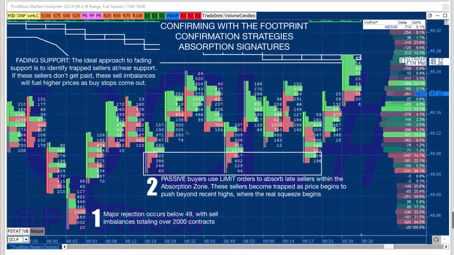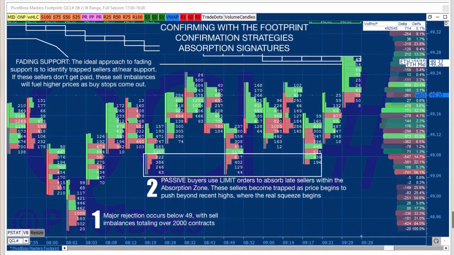So let's look at this in the footprint again. This is what it looks like when you have an absorption signature. You have the push down, and look at all of those sellers that come in right here. 2,000 contracts sell imbalance on the last 3 or 4 ticks, and price pushes up. By the end of this 10-tick range bar, we had been down here, and then we were up to here already.